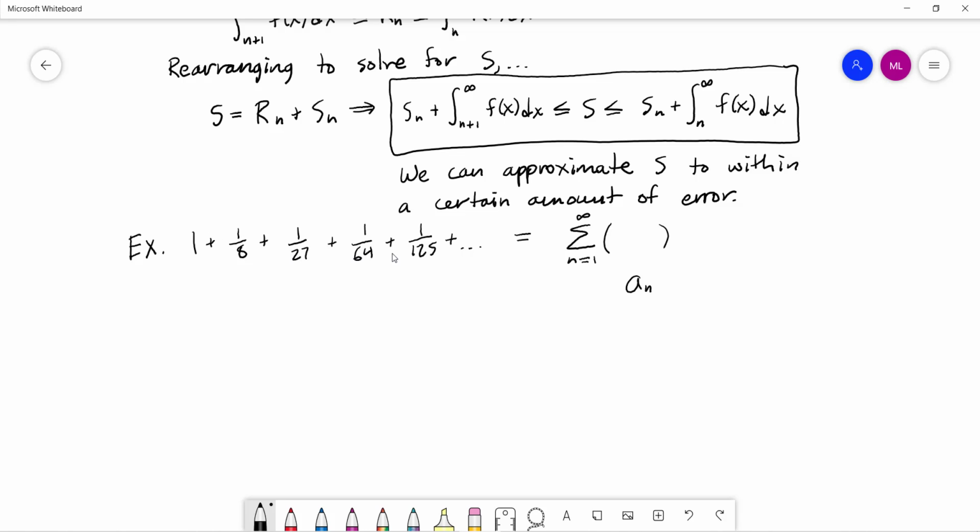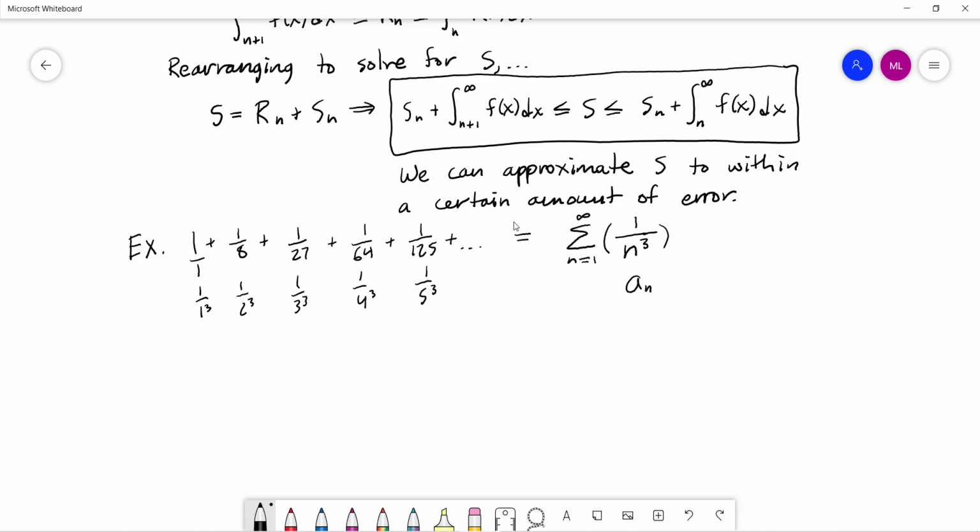What I notice about the denominators here, especially if I rewrite this first one as 1 over 1, is the denominators are all perfect cubes. This is 1 over 1 cubed, 1 over 2 cubed, 1 over 3 cubed, 1 over 4 cubed, 1 over 5 cubed, and so on. And so it looks like this turns out to just be 1 over n cubed.